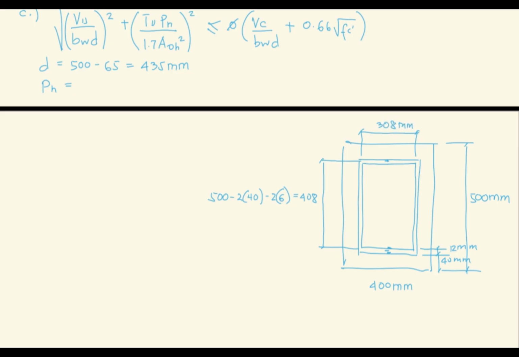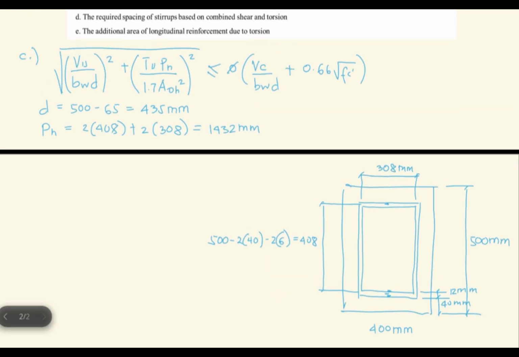And so the perimeter would be twice 408 plus twice 308. This will be equal to 1432 mm. So we now have to determine A sub OH.